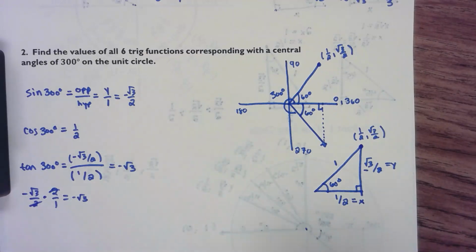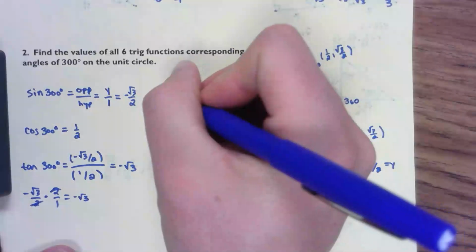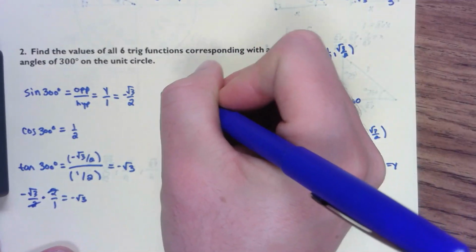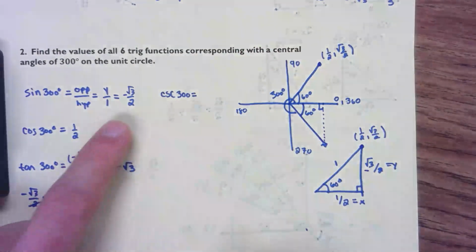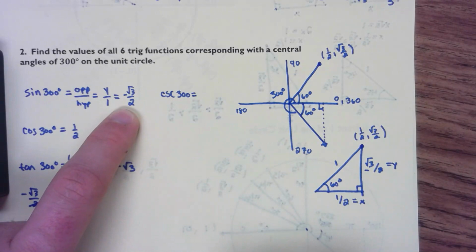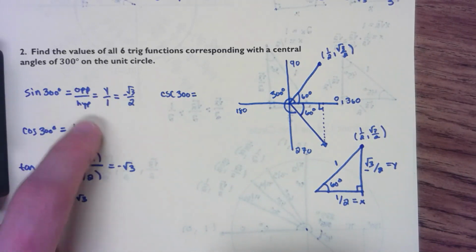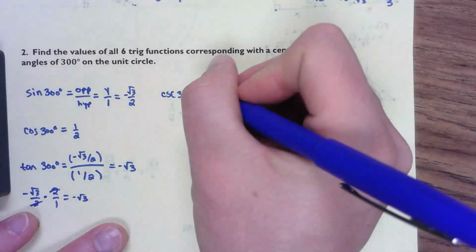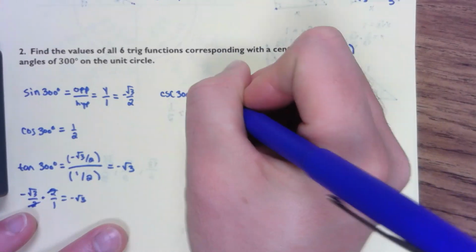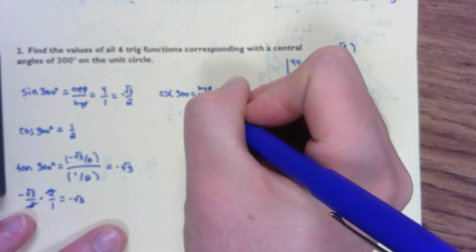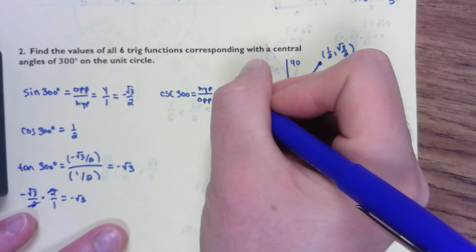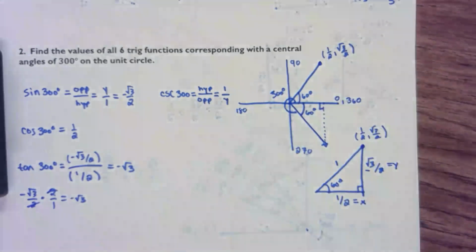Now the other three functions are the reciprocal functions. So cosecant of 300. I can take the reciprocal of this value, but I also want to make the connection to what we had with the side lengths. Remember, the reciprocal with side lengths of triangles is now equal to the hypotenuse over the opposite side, which is 1 over y in this case.